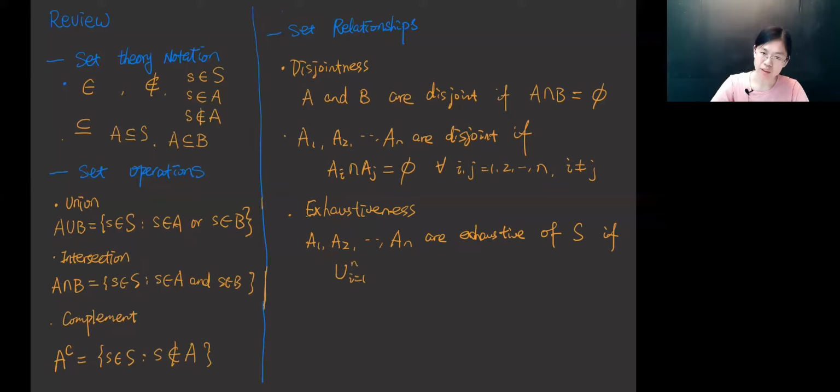That is, this group of events exhausts all possibilities in the sample space S. You could also have a group of events that are exhaustive of another event, say B. A group of events are exhaustive of B if the union of that group equals B.